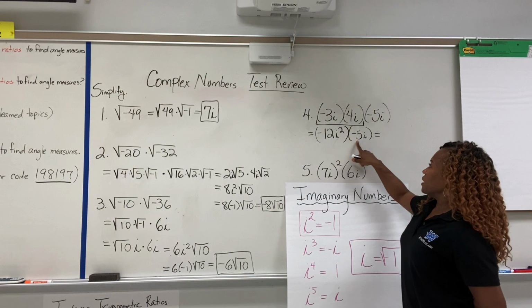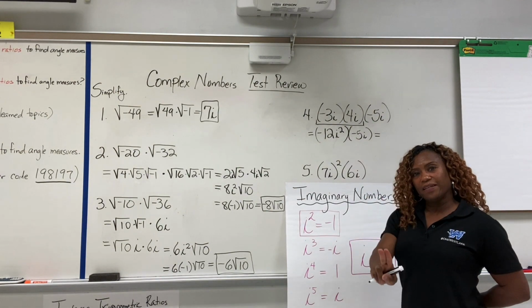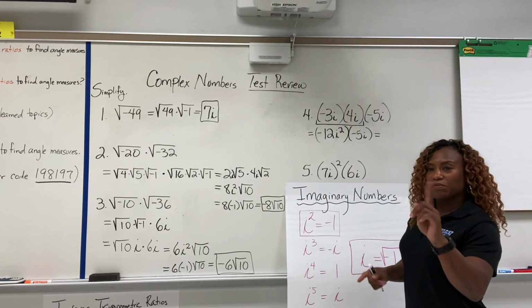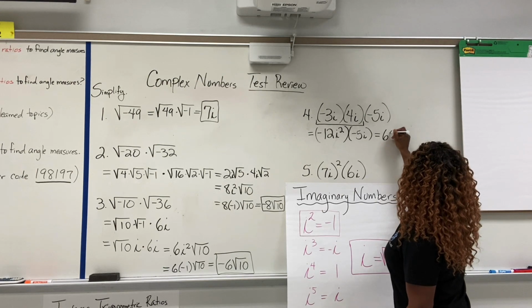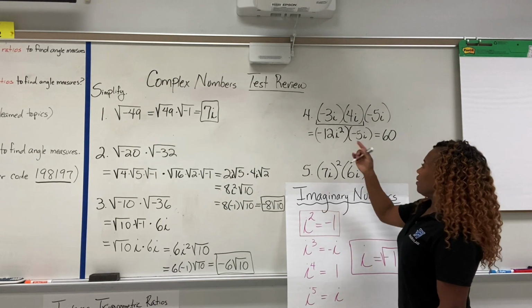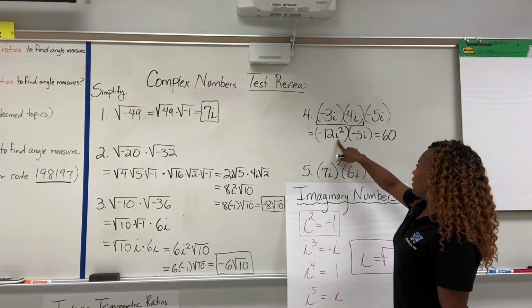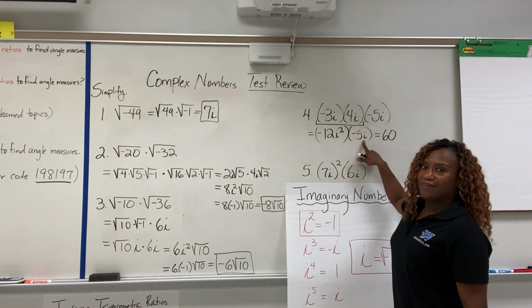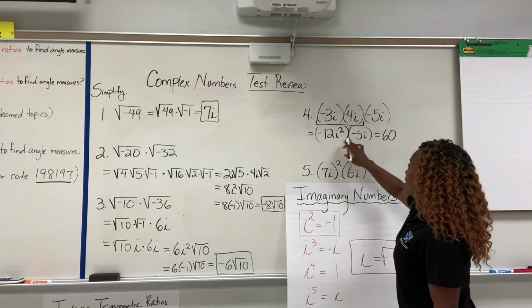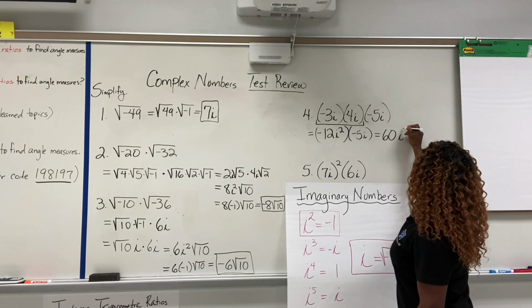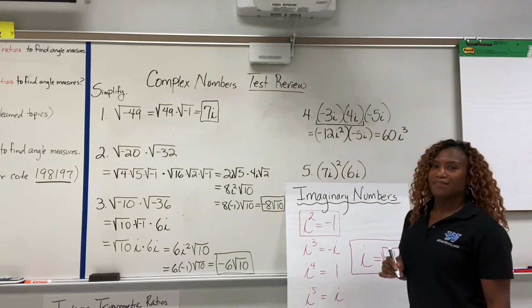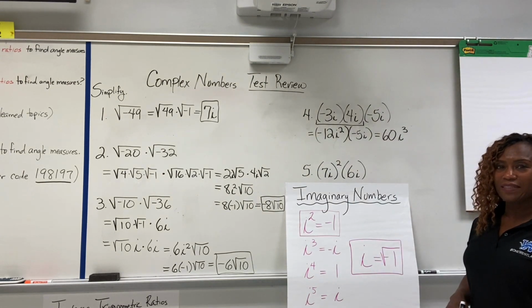And let's work this out. Negative 12 times negative 5. A negative times a negative gives us a positive. 12 times 5 is 60. So this is positive 60. Now I still have my i squared and my i here. So i squared times i is i to the 3rd power. Okay, do we know anything about i to the 3rd power?